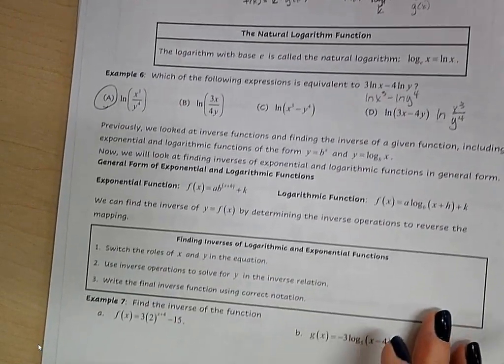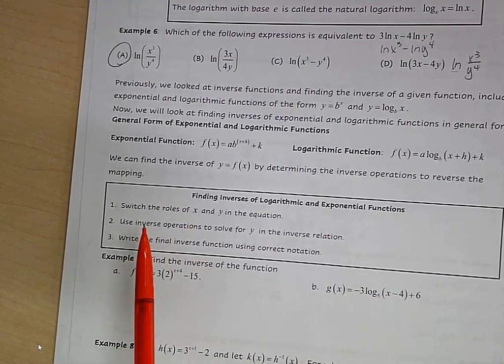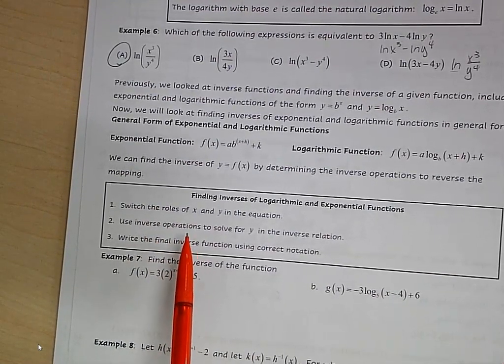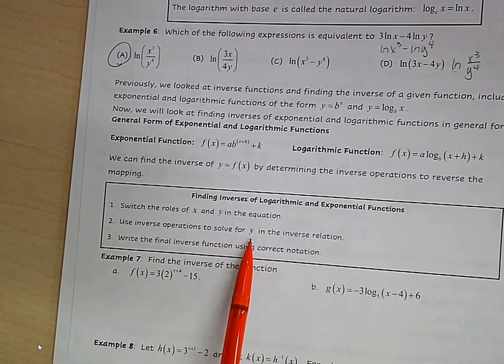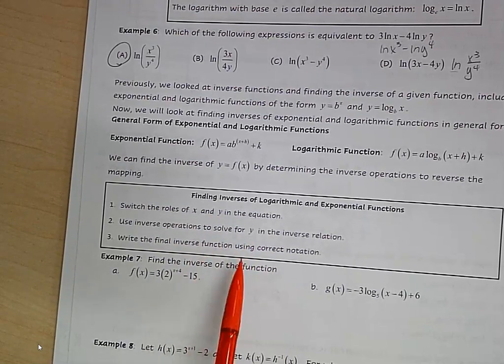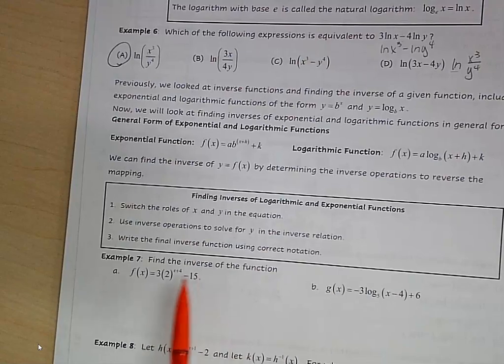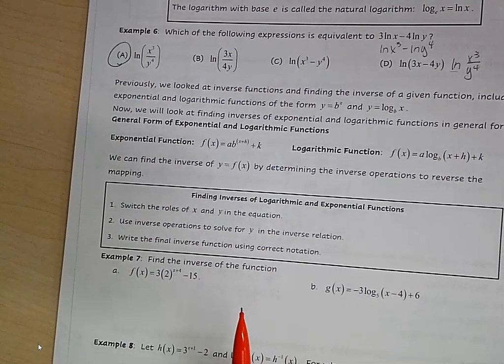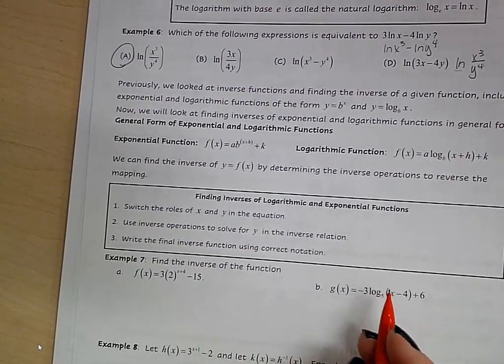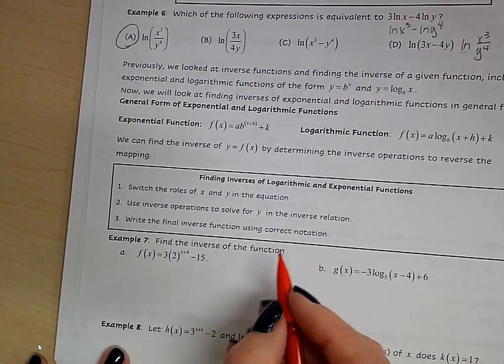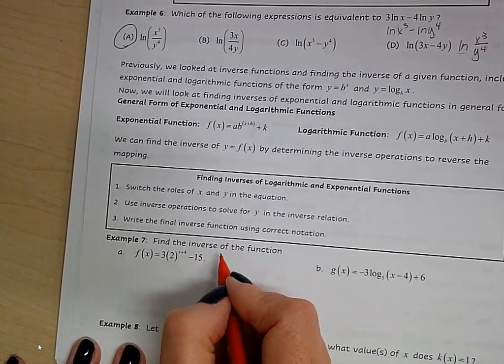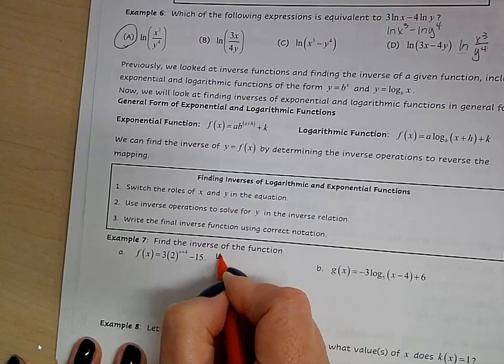So a few little steps right here. Of course, we're still going to switch x and y. We're still going to solve for y. We're just going to have to go through some manipulations, and of course our final answer will be written in the correct format. There's not a lot of space here, so I'm going to rewrite this so that f of x is y.